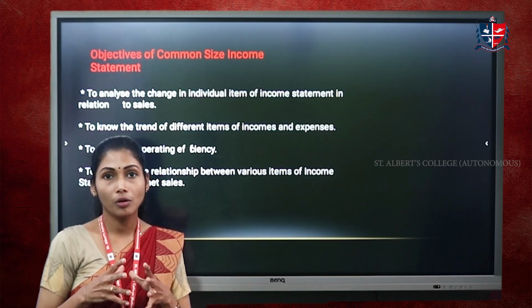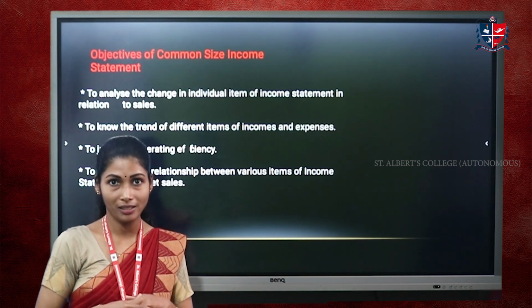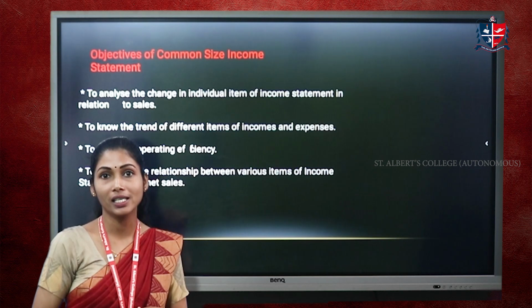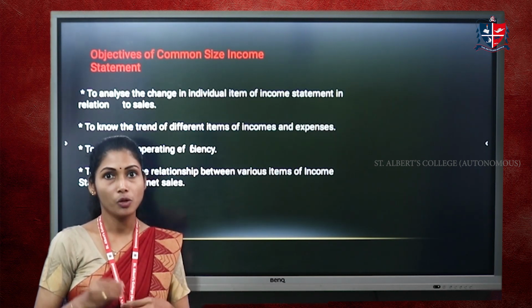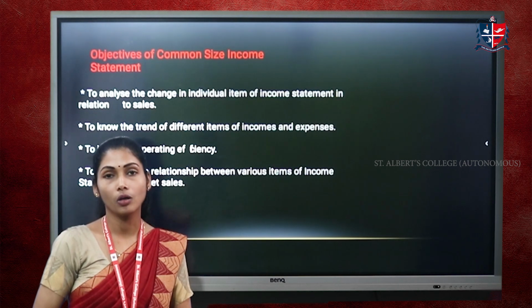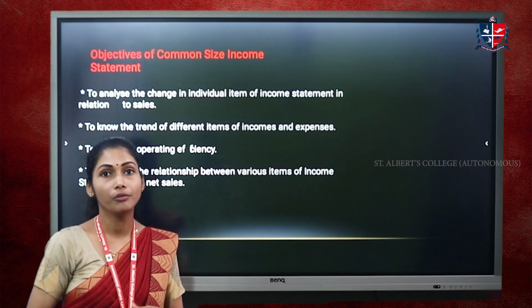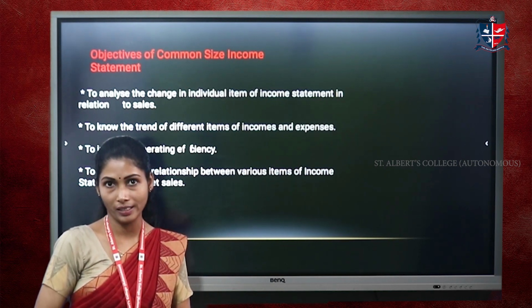The most important aim of preparing a common size income statement is to analyze the relationship and changes of various items of the income statement, like expenses and income, to net sales or revenue from operations. It is highly helpful for judging the operational efficiency of the organization.